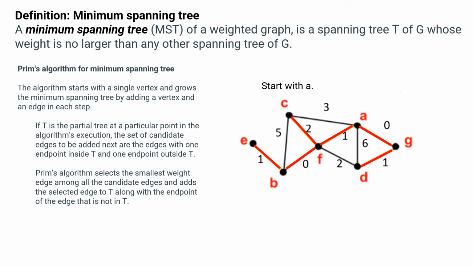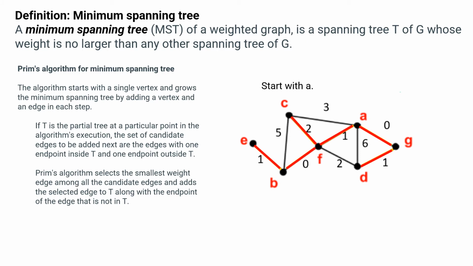Now, in practice, some of those from the previous step are going to be left, and when we add a new vertex to the tree, that's possibly going to give us some new candidate edges. So basically, each time we add on to the tree, we then evaluate to see which edges are candidate edges for the next step.